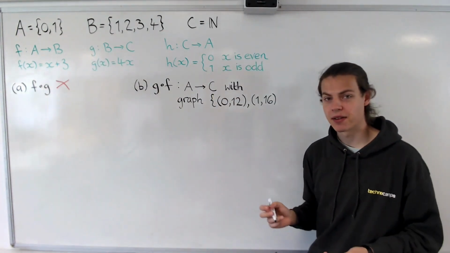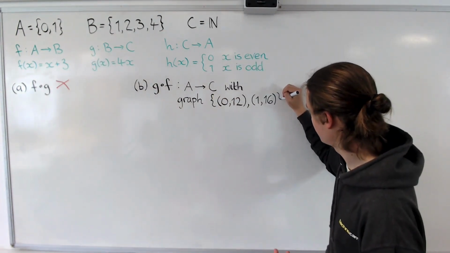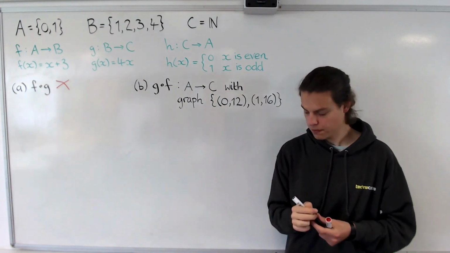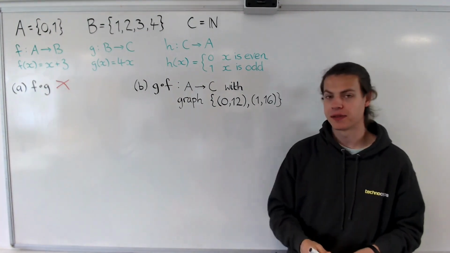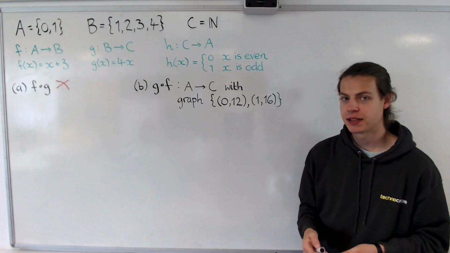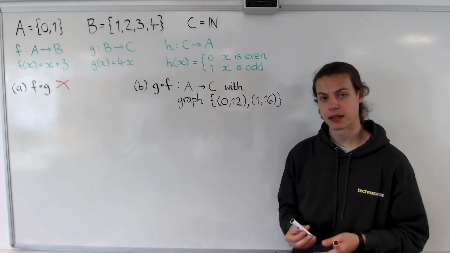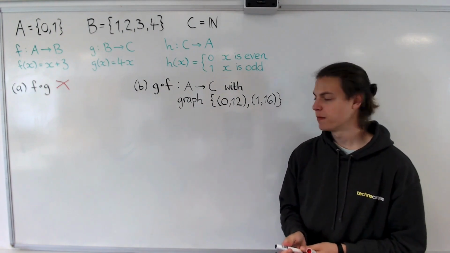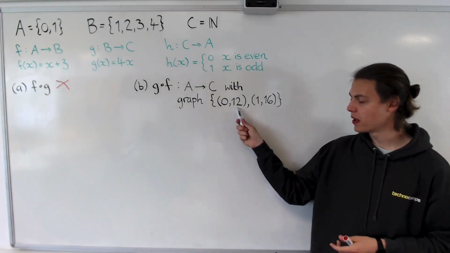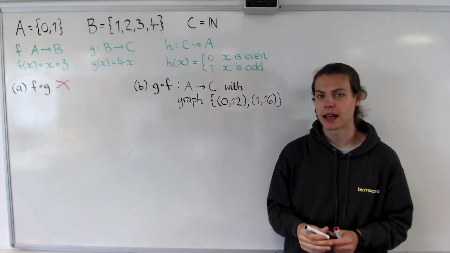So that's the complete graph. And we could write the range of this function. The range is just the set of values in the codomain that are mapped to by this function. So here we have 12 and 16 as the range.